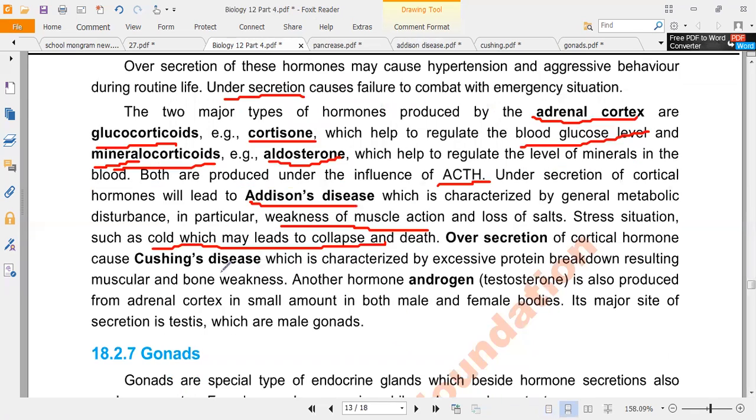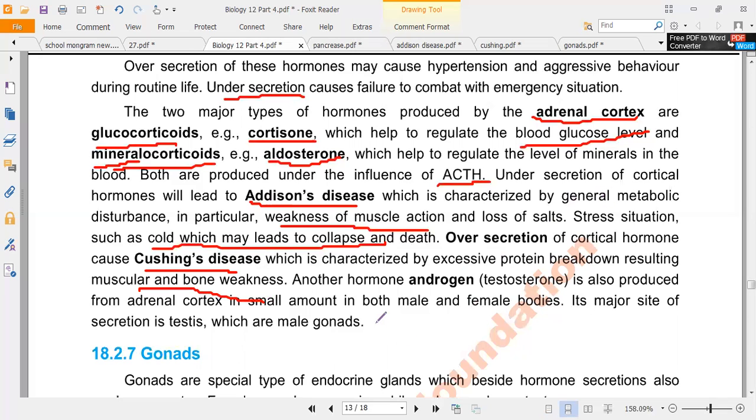Then we have over secretion of adrenal cortical hormones. The person can suffer from Cushing disease, with excessive protein breakdown, meaning the muscles and bone are breaking down, and weakness is there.